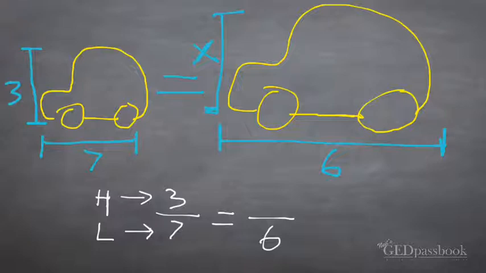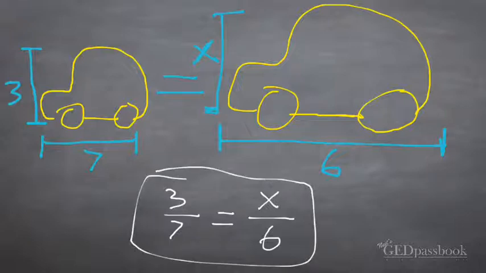You should have known to put the 6 below, because the bottom section is the length section. And what I'm looking for is my x, my missing number, the height of the actual car. This is what you have to do all the time. Set it up like this always.